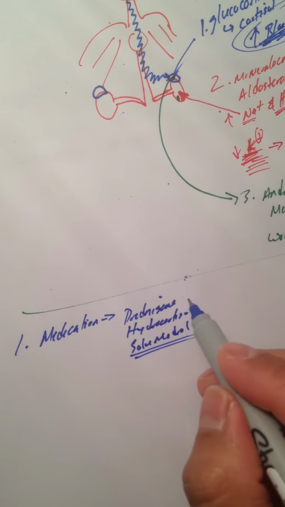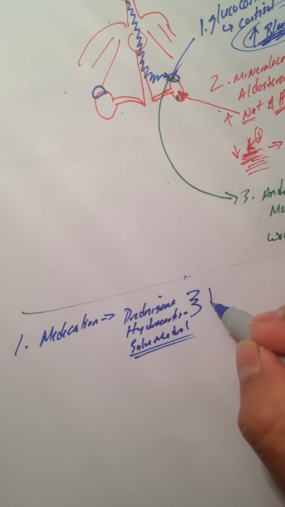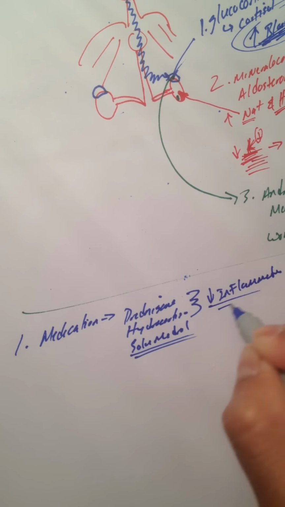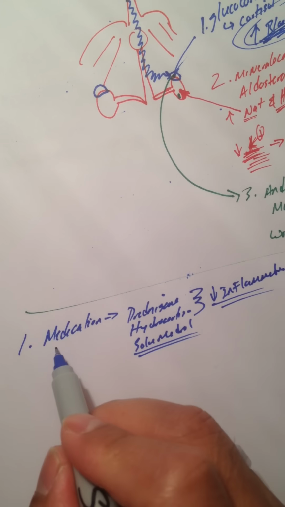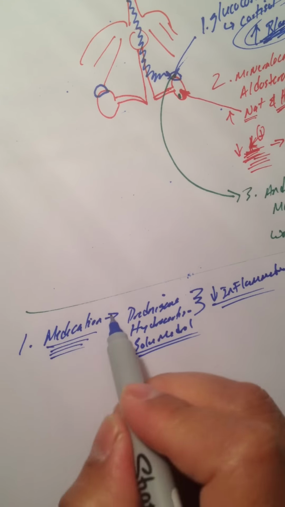Again, these are all steroids. The purpose of these steroids is to decrease inflammation. They have an anti-inflammatory property. So again, that is the number one cause. It is an exogenous form, i.e. medication.